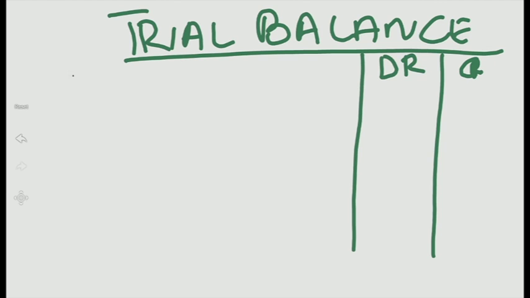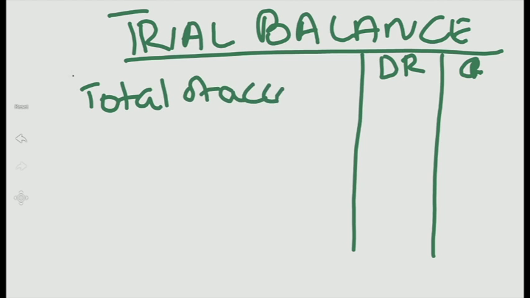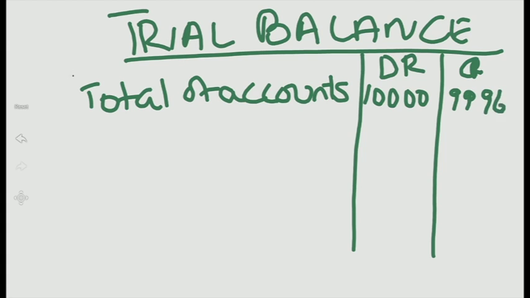The total of accounts on the debit side amounted to 100,000, and the total on the credit side of the accounts amounted to 99,960.